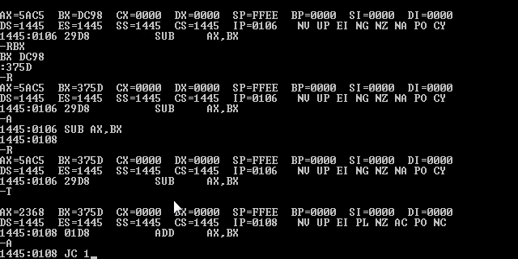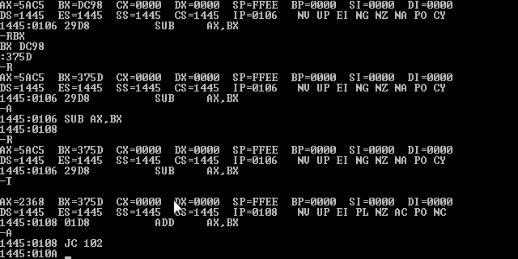Give it a number. This instruction is what they call a conditional jump. The jump means to change the location of the instruction pointer. If the carry flag is set, jump to 102.